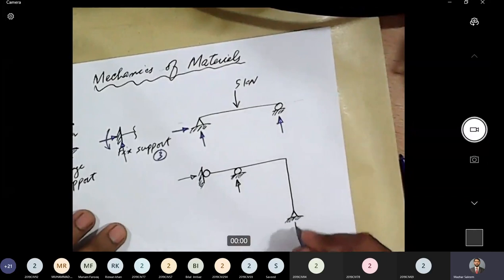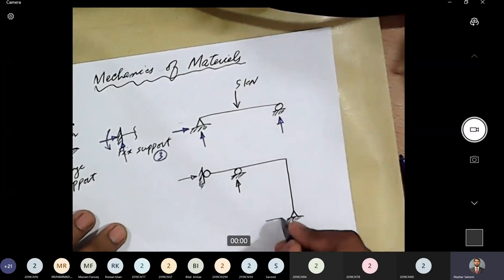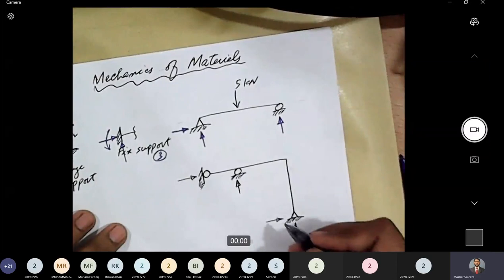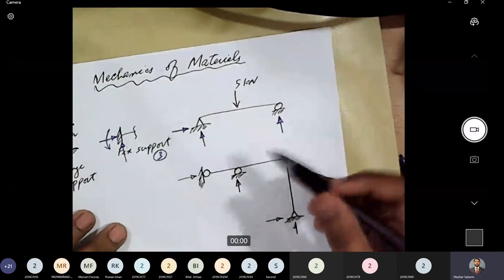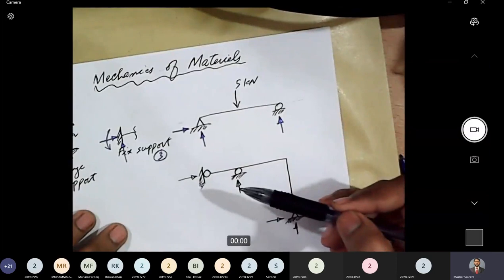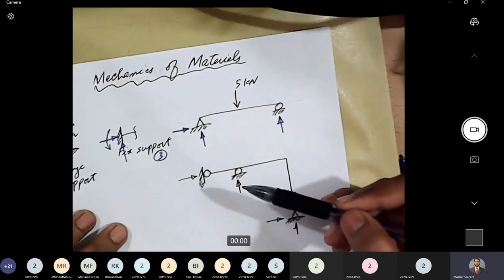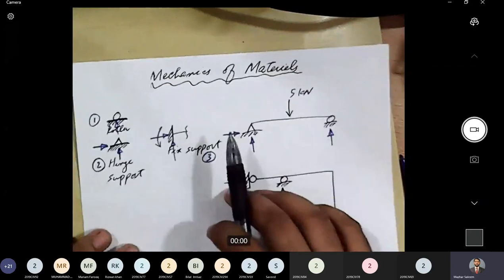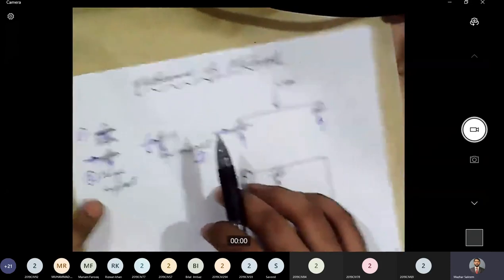And here, one vertical and one horizontal reaction will be generated. So depending upon the orientation of the support, a roller support may generate a horizontal or vertical reaction. Defining a roller support as one that can generate only a vertical reaction is not the right way. It is not true in all cases.